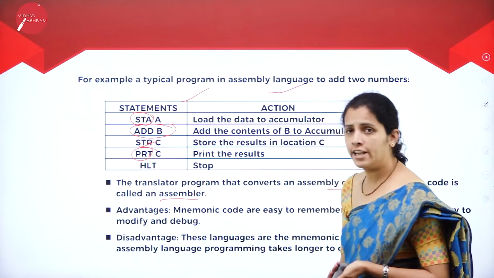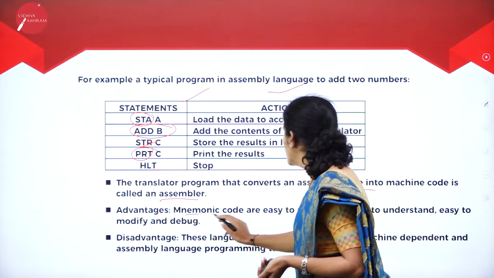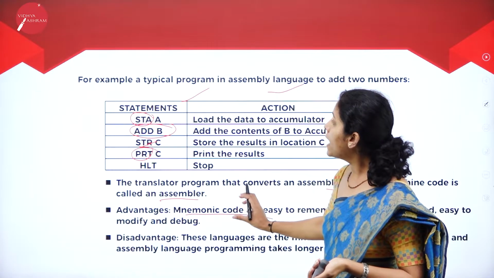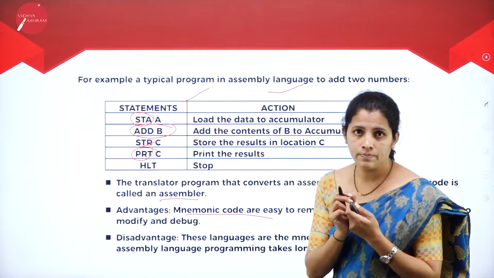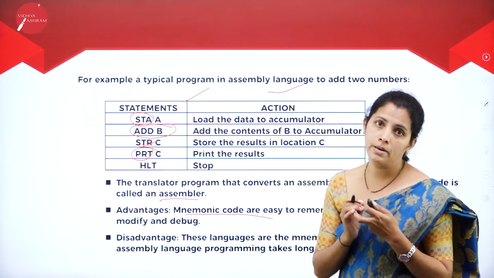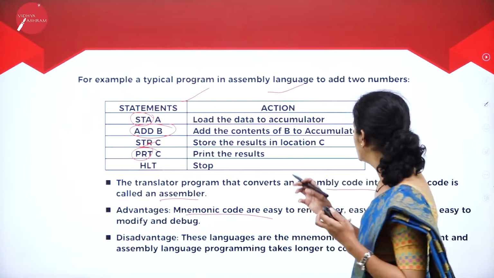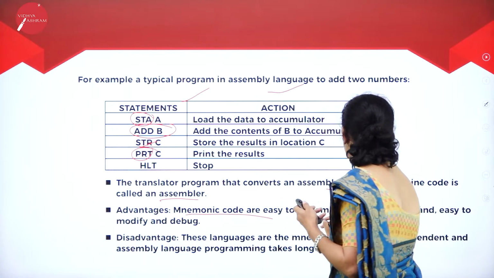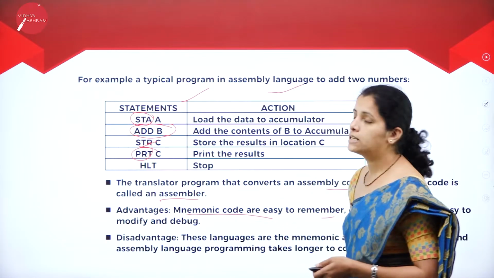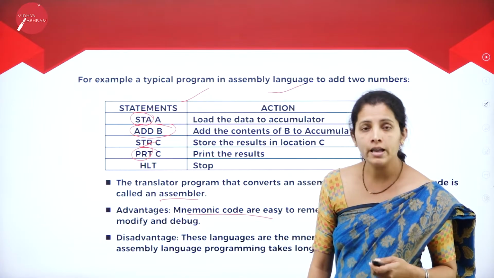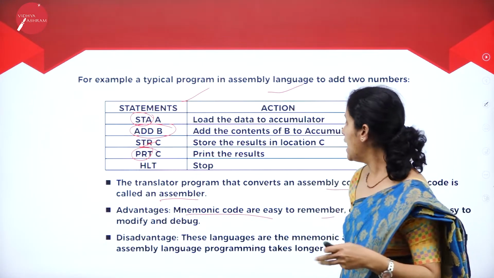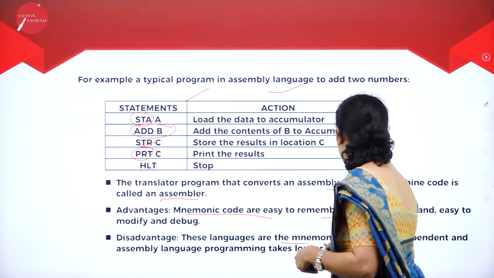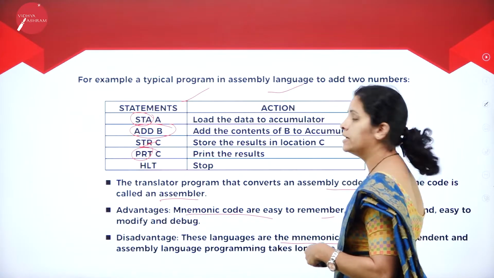Then what is the advantage? Mnemonic codes are easy to remember. See here, we have certain mnemonics and it is easy to remember them. So that is the advantage here. Mnemonic codes are easy to remember, easy to understand, easy to modify and easy to debug. And what is the disadvantage here? These mnemonics are machine dependent.